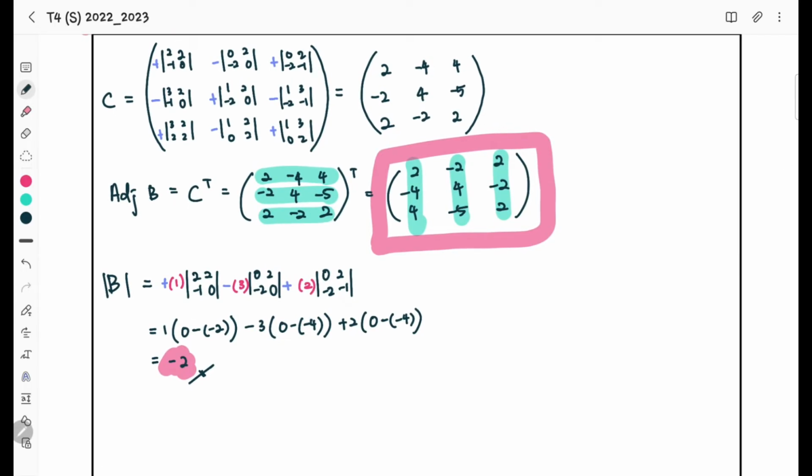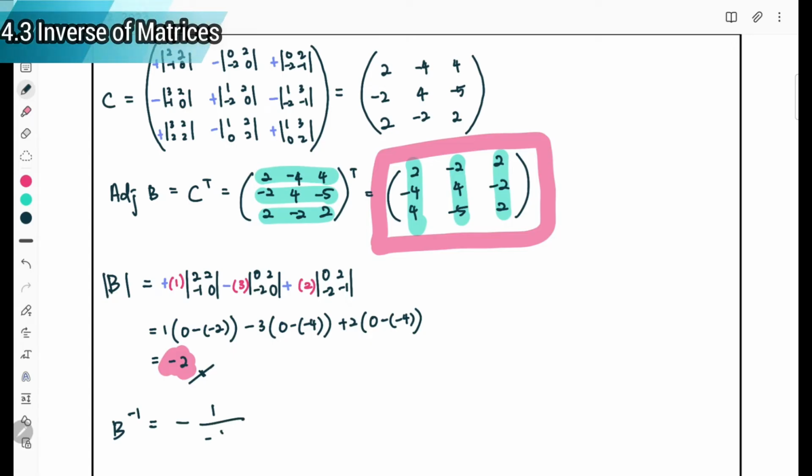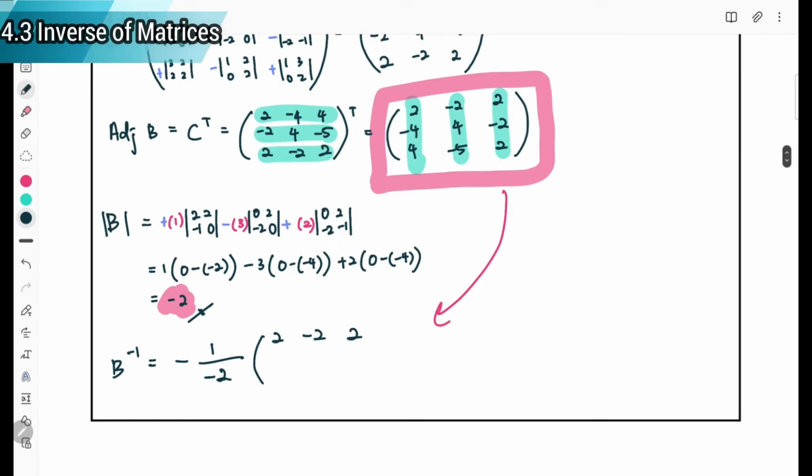And then for the inverse, B inverse is equal to negative 1 over the determinant, which is negative 2, times the adjoint, which is this matrix. So 2, negative 2, 2, negative 4, 4, negative 2, 4, negative 5, and 2.